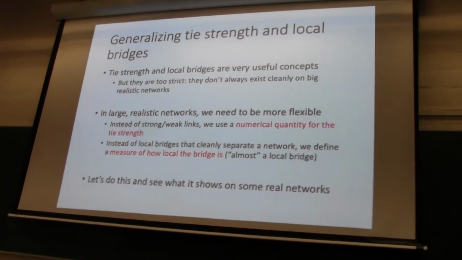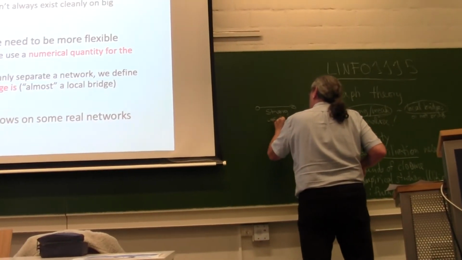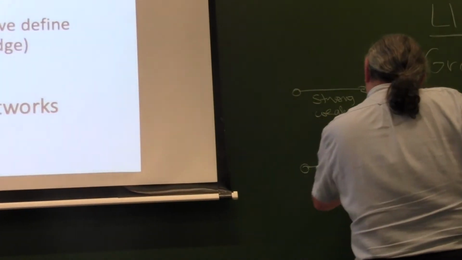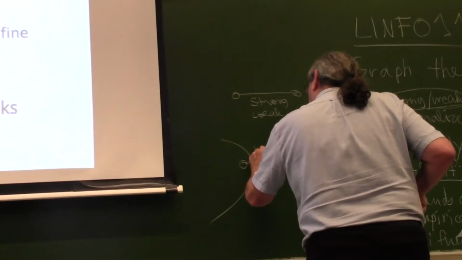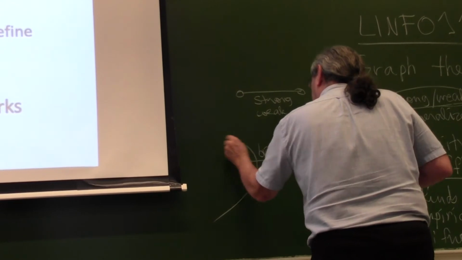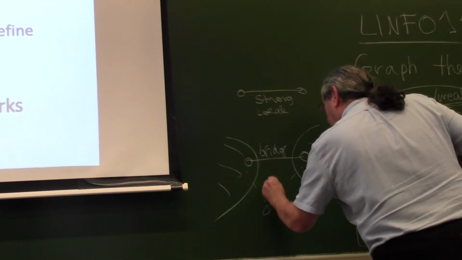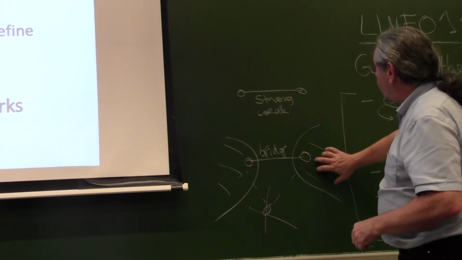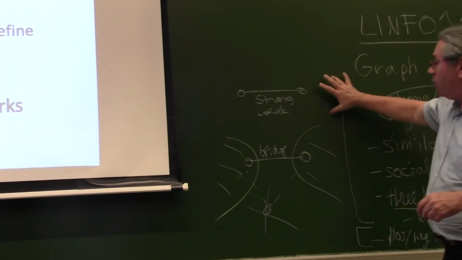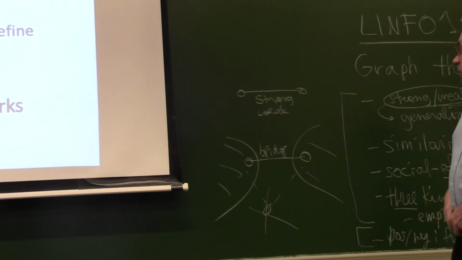How strong it is, strong or weak, that's tie strength. And then the local bridge is whether there's a separation here, whether these two parts of the network are really separate. That means there are no other friends in common. So there are two separate properties.